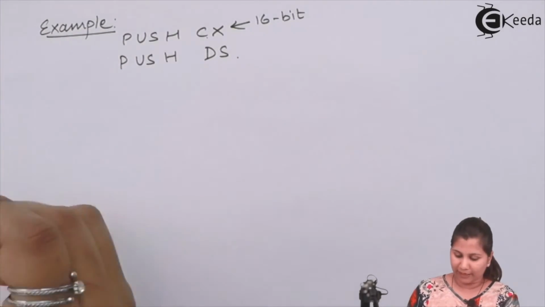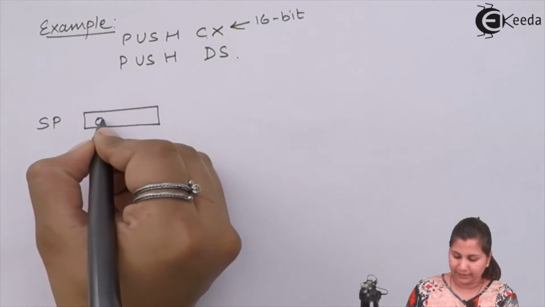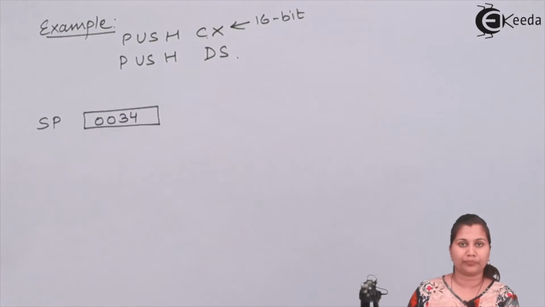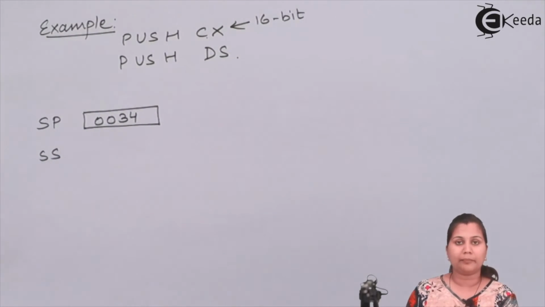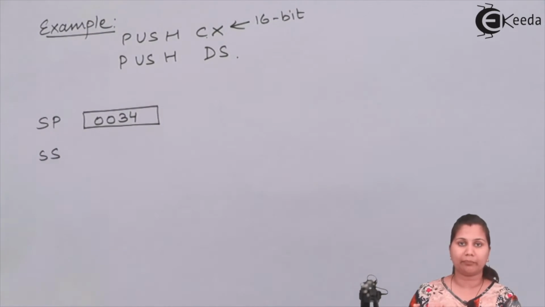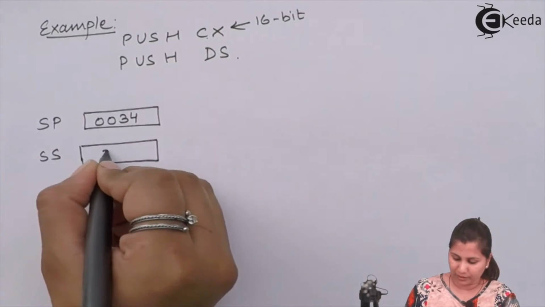So suppose we have initialized the stack pointer at 0034, and we have the stack segment, because the stack is stored in the segment which is known as the stack segment. That segment is assigned for the stack only. So the stack segment is initialized at an address 3000.